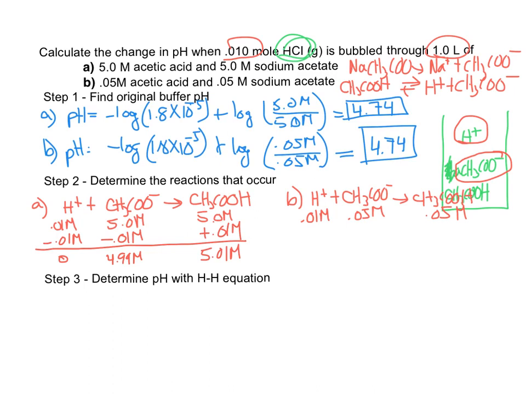If I want to find the pH, I'm going to use the Henderson-Hasselbalch. It's pKa plus log of the concentration of the conjugate base over the acid.